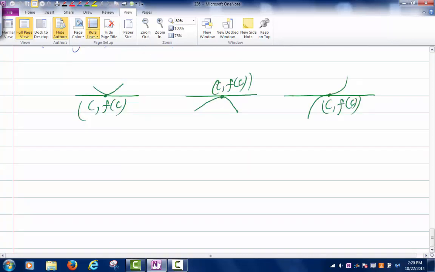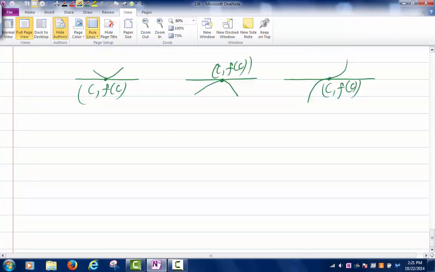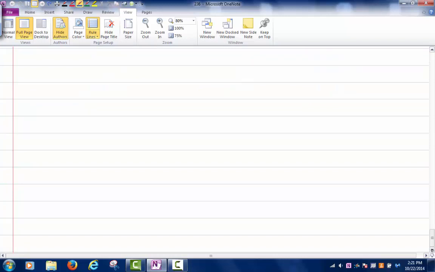So what I want to do next is show you computations of critical points for certain given functions. So let's look at example number 1 on finding critical points. Let's say I have the function f of x, which is 1/3 x cubed plus 1/2 x squared, minus 2x.